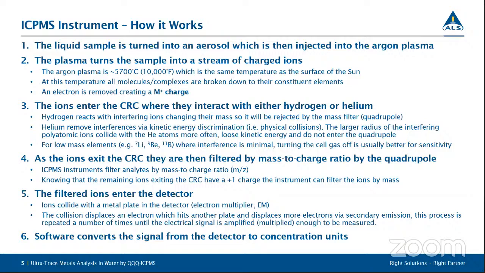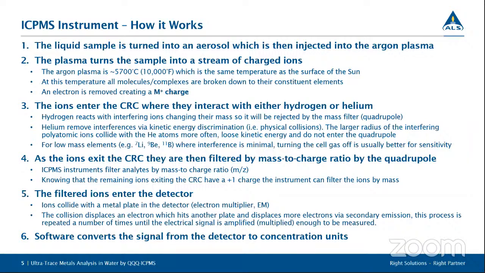Knowing that the ions exiting the CRC will have a +1 charge, the instrument can filter the ions like this. The filtered ions then enter the detector, where they collide with a metal plate, also called an electron multiplier.